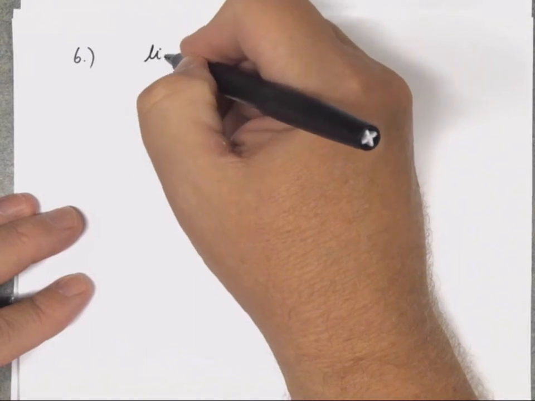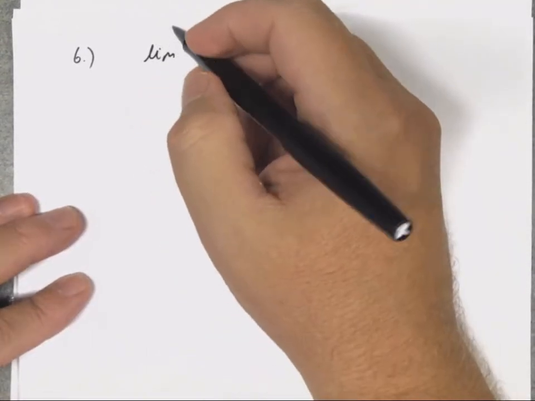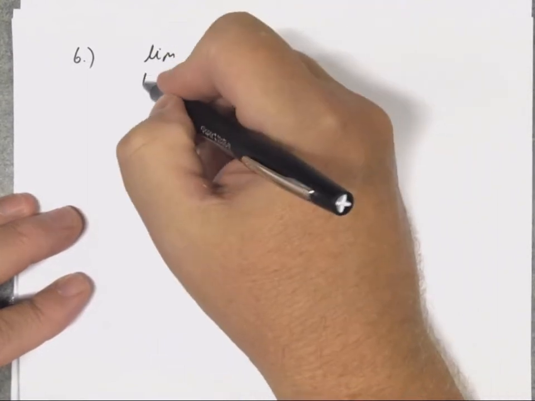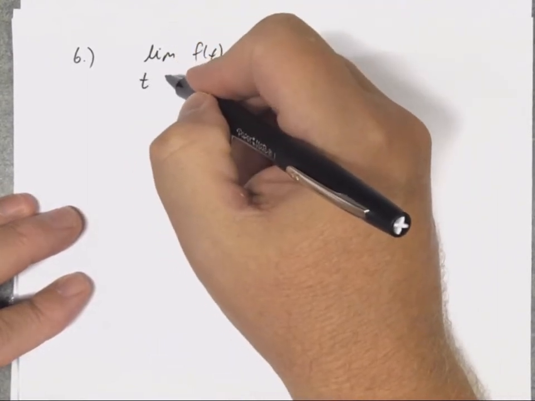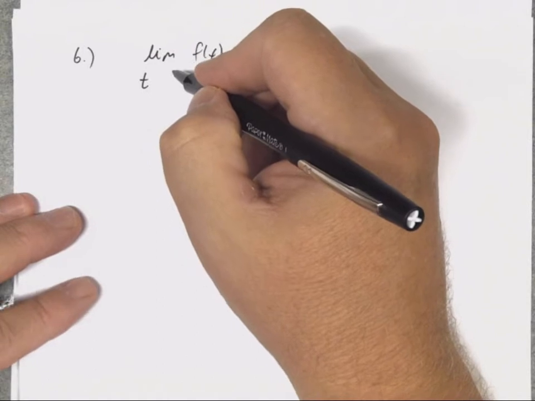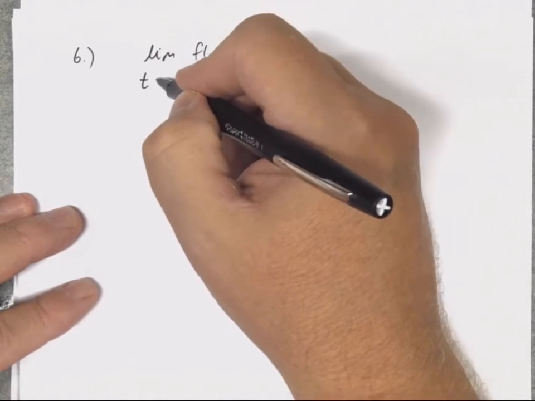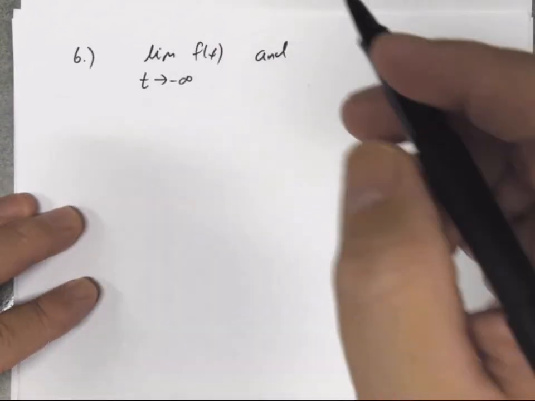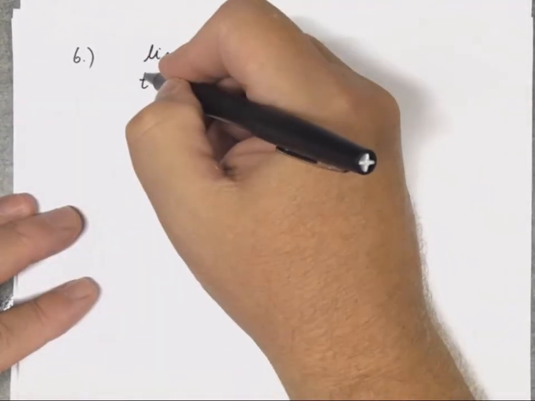Because the first thing I want you to find is the limit of f of x as t, I should have put an x here. Anyways, here's what it should read.